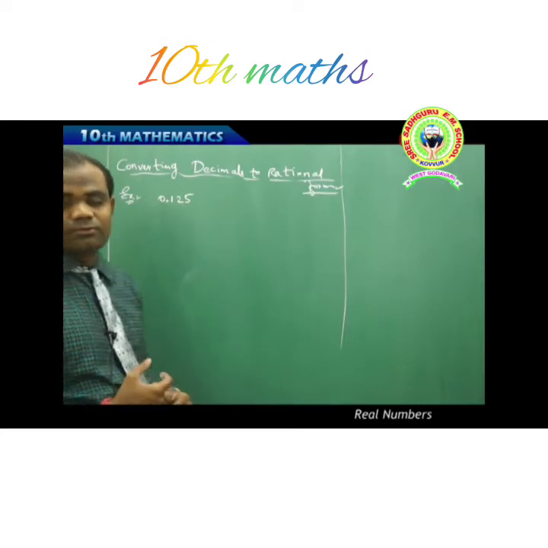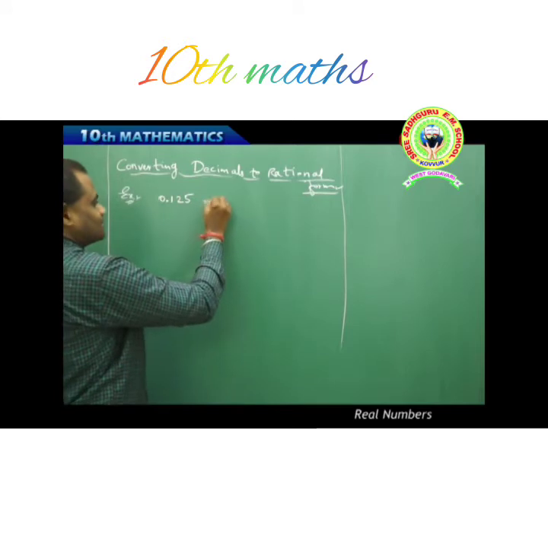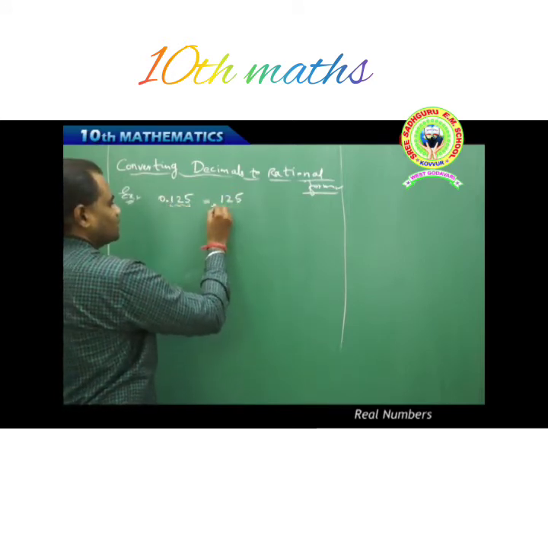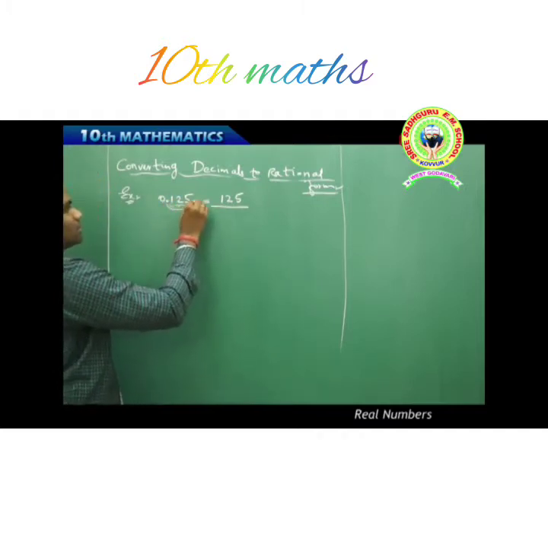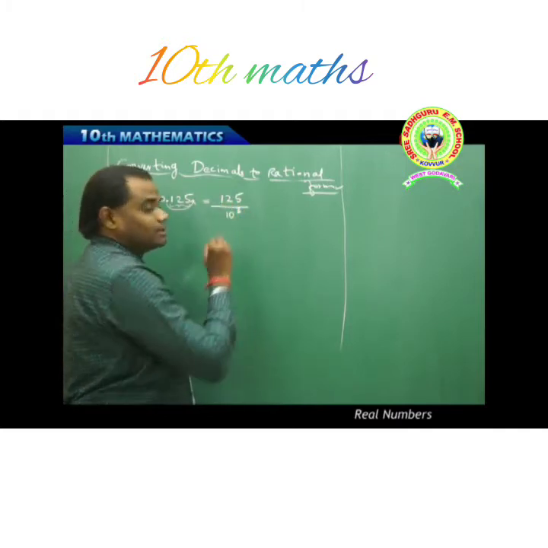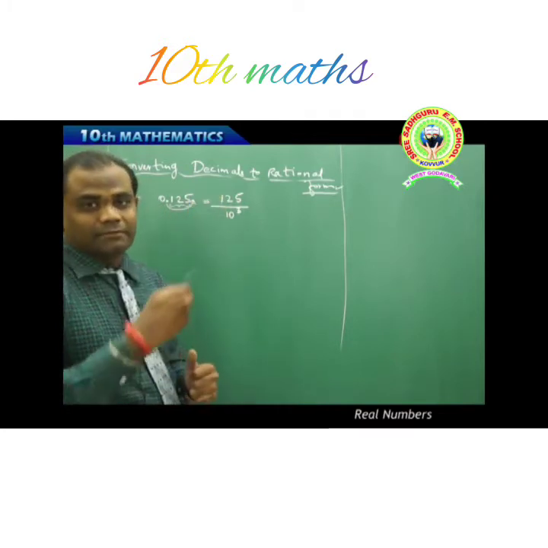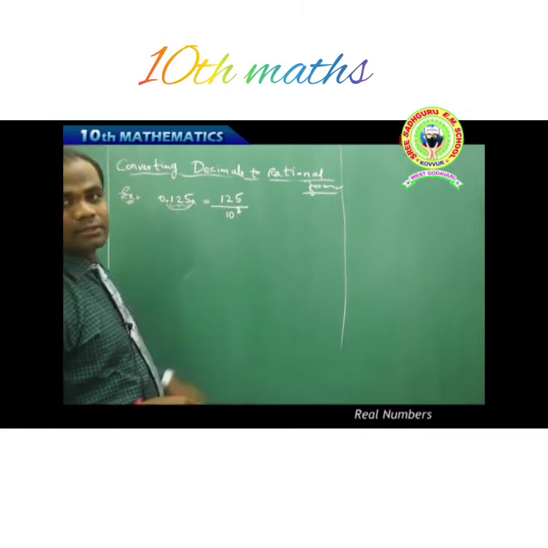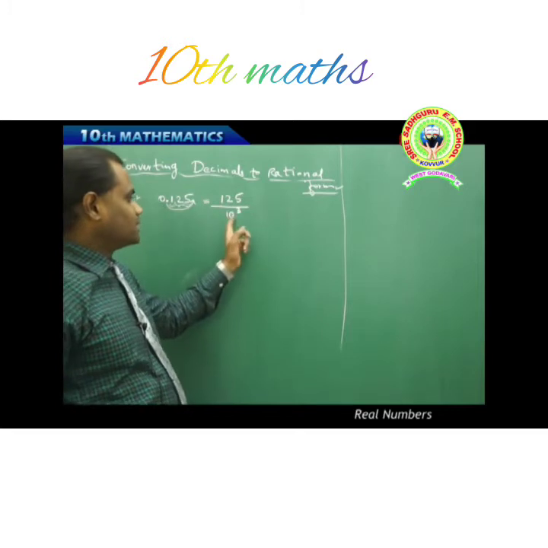So 0.125 can be expressed in rational form by simply taking 125, whatever is there after the decimal, and then because I want to move the decimal 3 units to the right, I divide by 1000, as we have already discussed in the lower classes. Moving the decimal to the right makes me divide by 10 each time you jump, 1, 2 and 3. So 3 steps here, therefore I get 10 power 3.